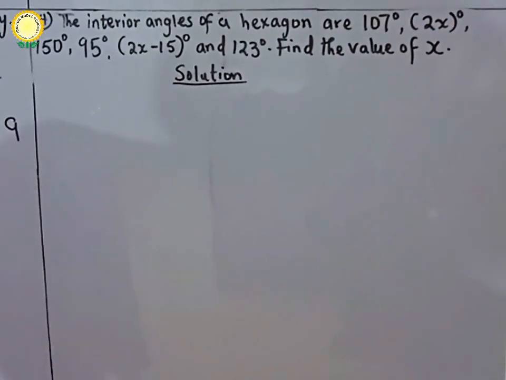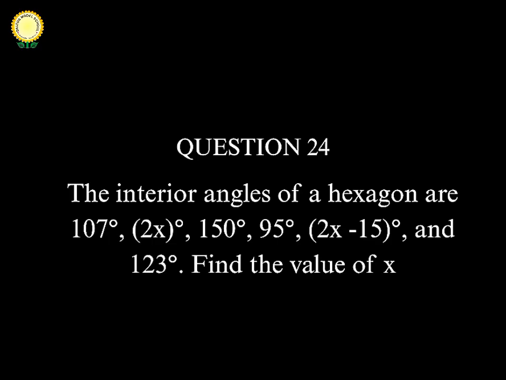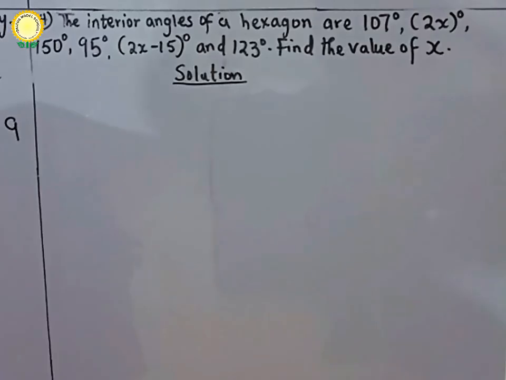Next question, question 24. The interior angles of a hexagon are 107 degrees, 2x degrees, 150 degrees, 95 degrees, 2x minus 15 degrees, and 123 degrees. Find the value of x.